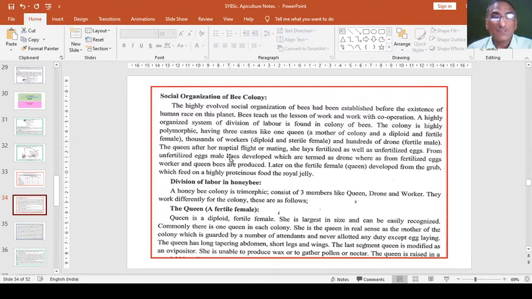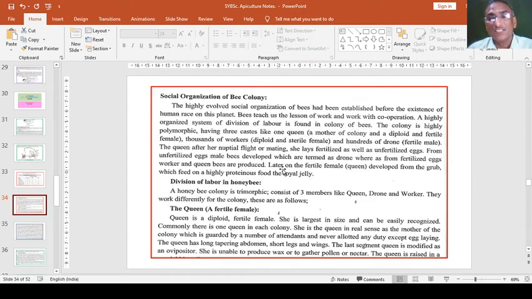The queen, after her nuptial flight or mating, lays fertilized as well as unfertilized eggs. From the unfertilized eggs, male bees develop, which are termed drones, whereas from fertilized eggs, worker and queen bees are produced. The fertile female queen develops from the grub which feeds on a highly proteinous food, the royal jelly.